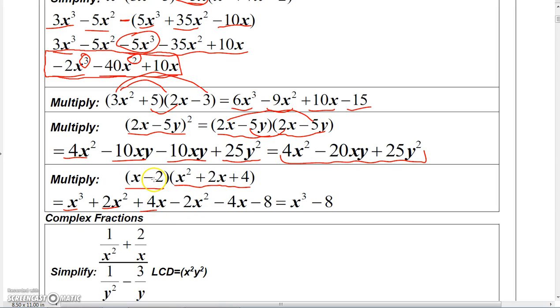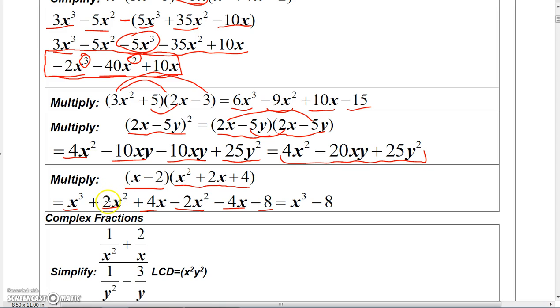Okay, so then I move to the minus 2. So then I'll take minus 2 times x squared, and I'll get minus 2x squared. And then minus 2 times 2x is minus 4x. And then minus 2 times 4 is minus 8. And so now I look for terms that I can combine.